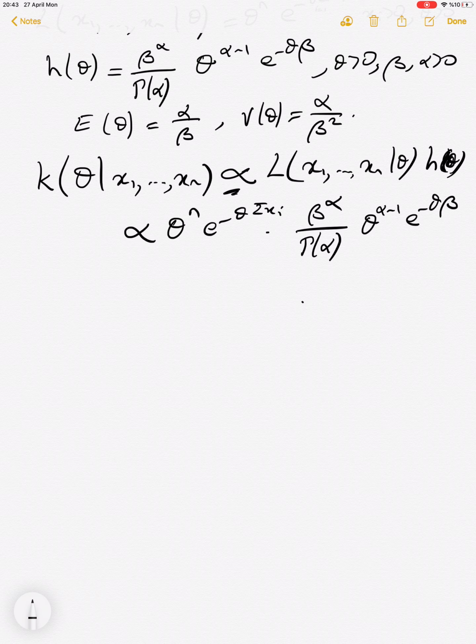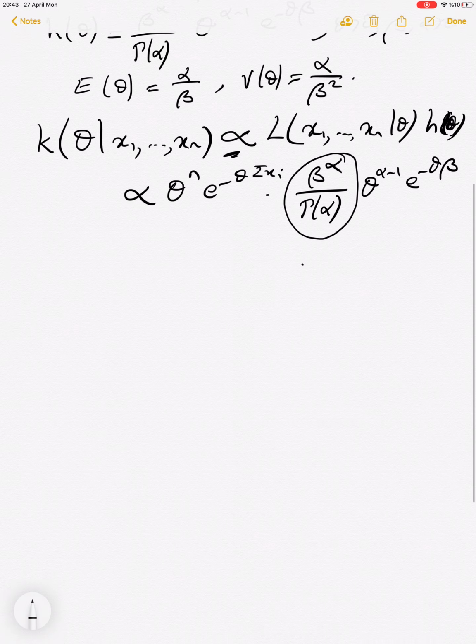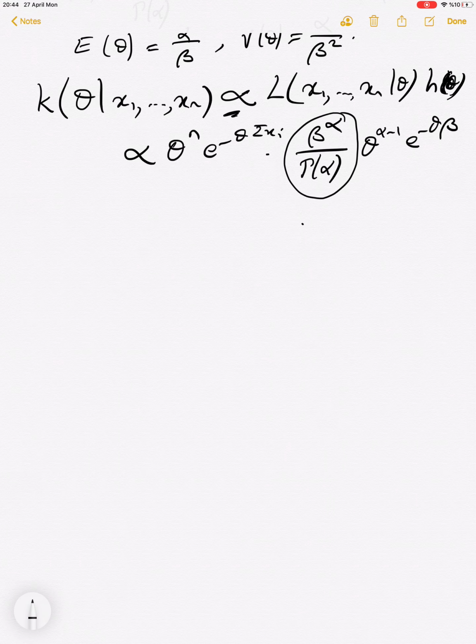So let's try to get rid of the constant part also. Try to write everything in terms of theta, and combine some parts. We have theta here, theta here, so we have theta to the n plus alpha minus 1, and e to the minus theta times summation xi plus beta. Okay, so this is the proportional part.